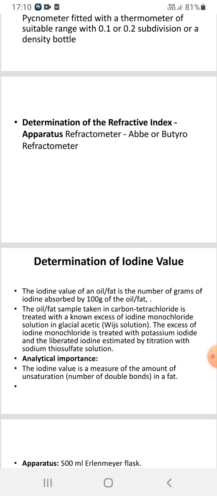We make the solution of iodine monochloride in glacial acetic acid and then add this reagent to the oil sample and then treat it with potassium iodide. The amount of liberated iodine is calculated. The amount of iodine liberated gives us the iodine value for different types of oil samples.